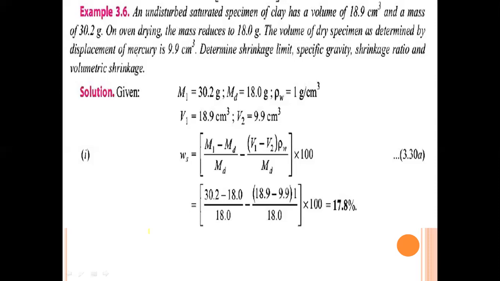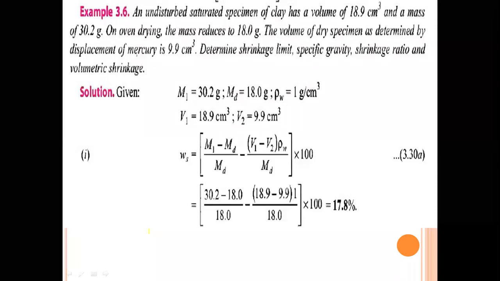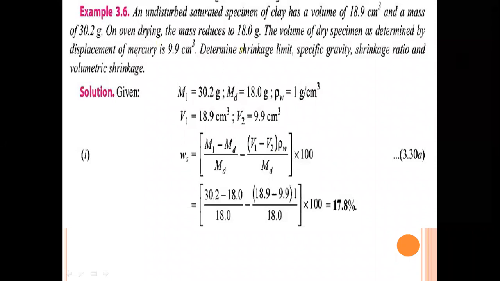Determine shrinkage limit, specific gravity, shrinkage ratio, and volumetric shrinkage. So in this problem, the first one is the shrinkage limit, next one is the specific gravity, next one is the shrinkage ratio, and fourth one is the volumetric shrinkage.